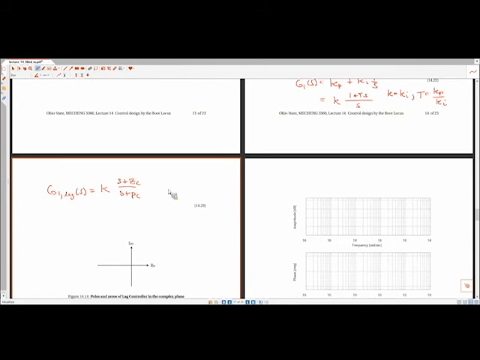So in the case of a lead controller, we had a 0 being less than the pole, and this is going to be the opposite. The 0 is going to be farther away from the origin than the pole is. So we just flip the order of them. So lead controller, lag controller, same thing, just flip the order. That's it. But by flipping the order, it changes the action of it considerably.